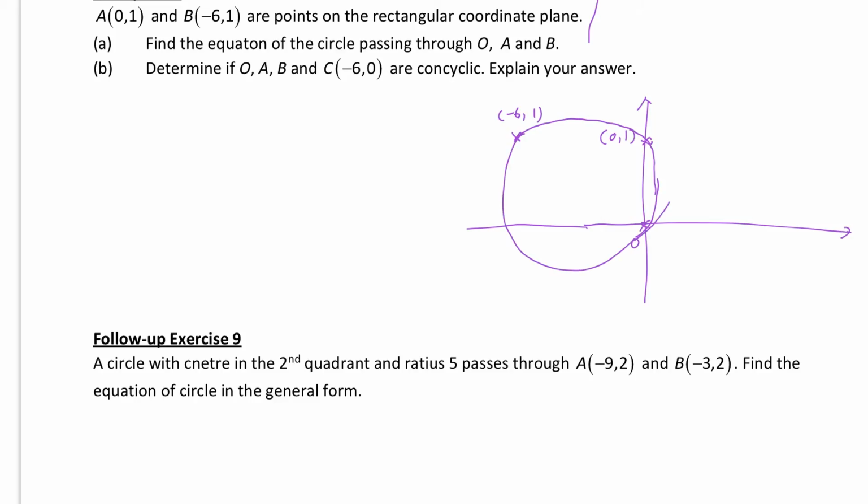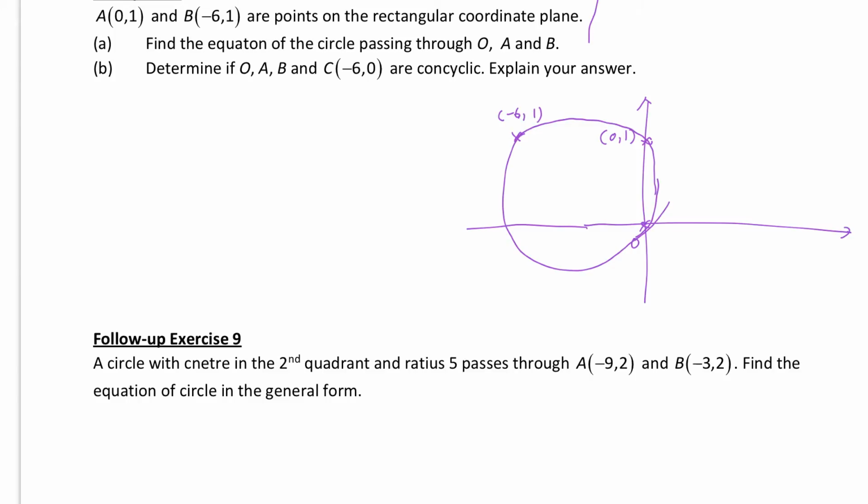What can we do? I want to introduce the basic method. For all the questions, if we know 3 points on the circle, we can apply this method. Maybe later we can discuss more about these questions. Remember, if you want to find the equation of circle, the basic idea is that you need to find the center and radius.